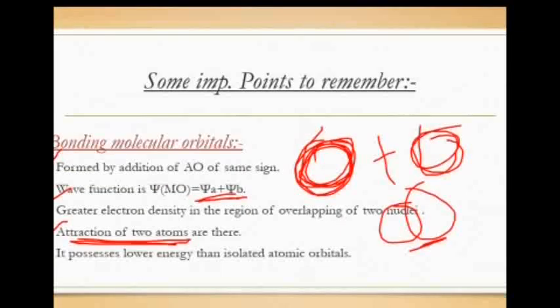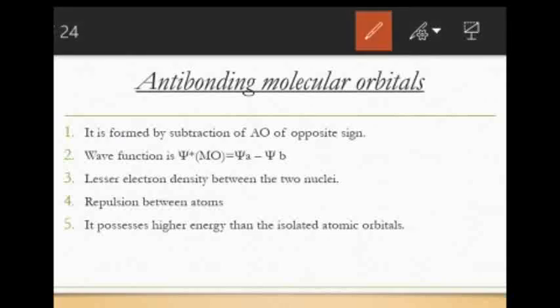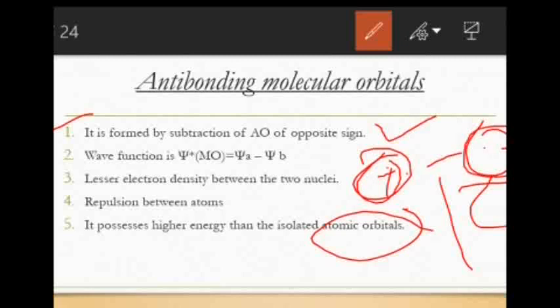Next, antibonding molecular orbital. First point is it is formed by subtraction of atomic orbitals of opposite sign. एक plus वाला atomic orbital होगा, दूजा minus वाला atomic orbital होगा.